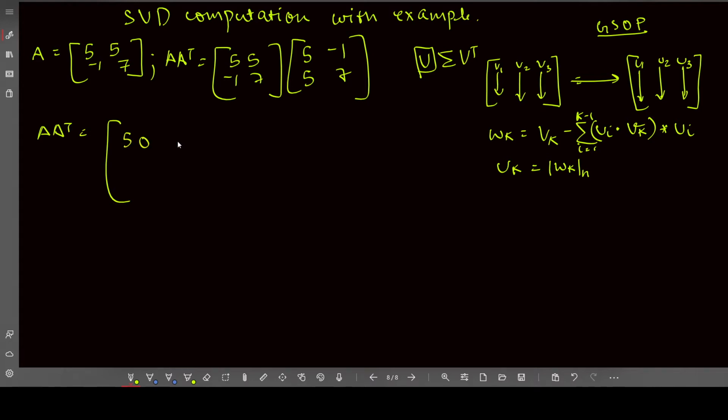the value of A transpose is equal to 50, and 35 minus 5, 30, 30, and wait, hold on, 5, 5, 25, 50.